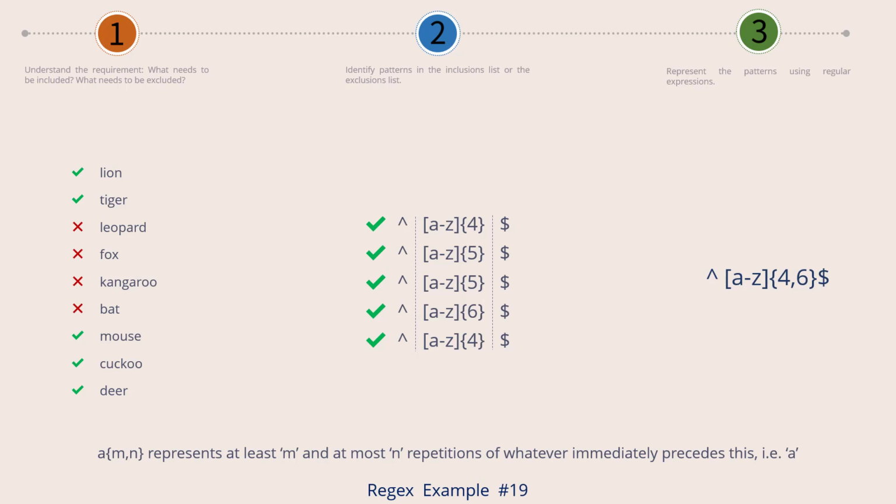So this means any word made up of English alphabets which is at least made up of 4 letters and at most made up of 6 letters. So this pattern selects 4-letter, 5-letter and 6-letter words only. And it will exclude all others like 3-letter, 7-letter, 8-letter words. So our final regex pattern for example number 19 is ready.